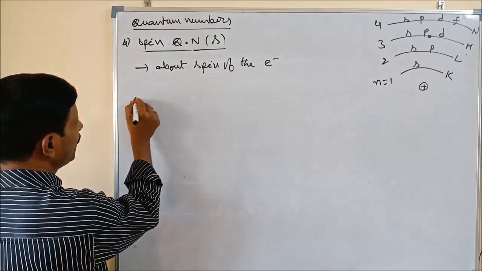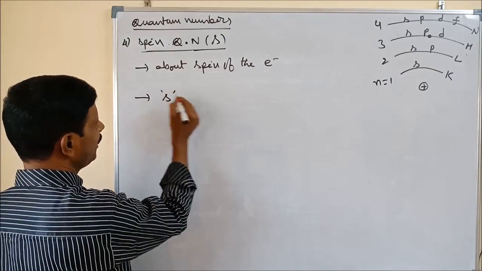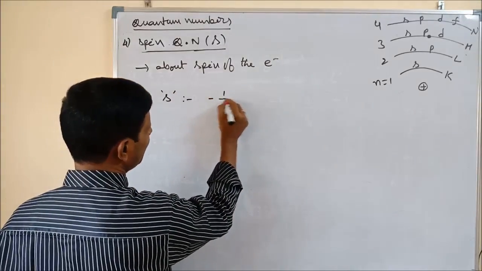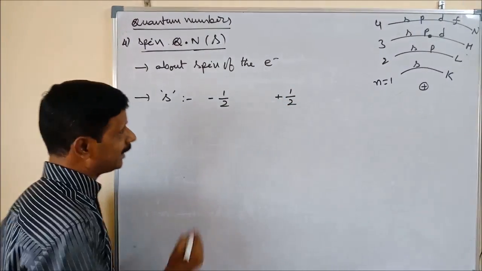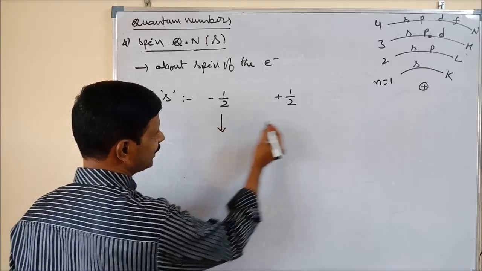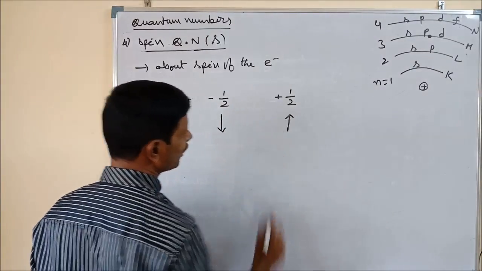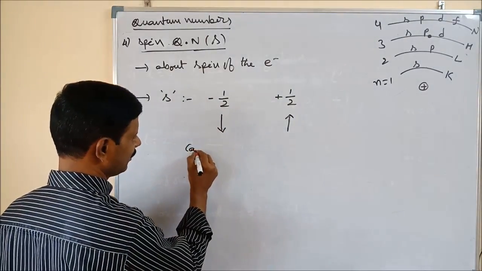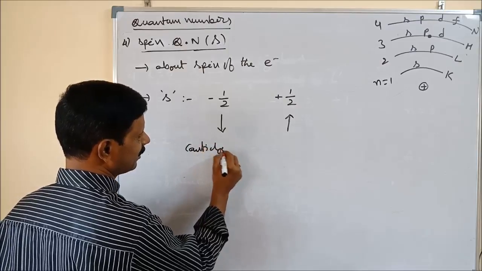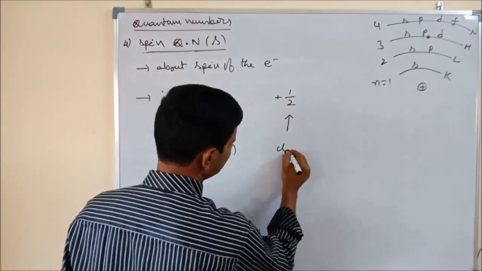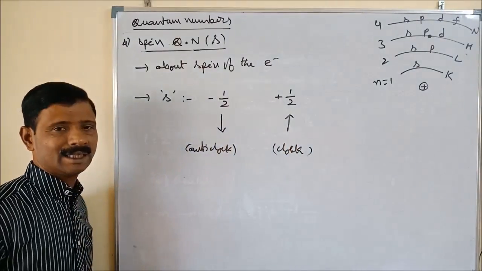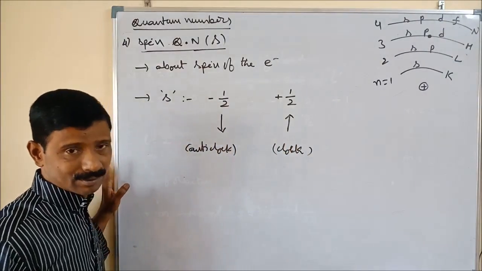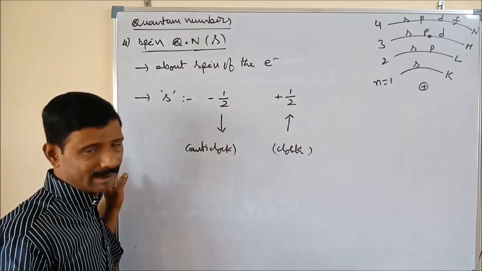Now if you observe, it has two values, minus 1 by 2 and plus 1 by 2. One is for anti-clockwise direction and the other for clockwise. So it has only two values, either plus half or minus half.